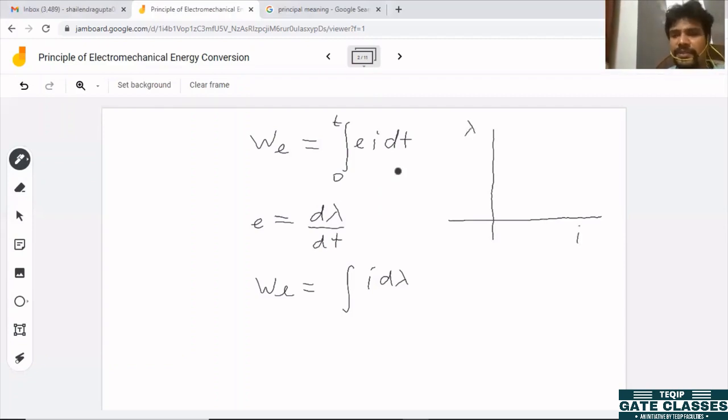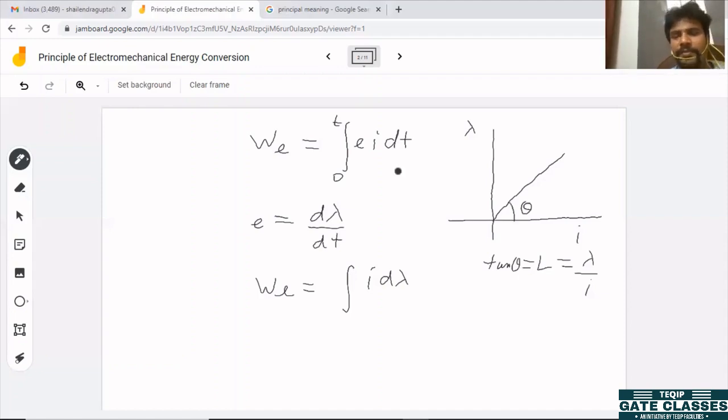So for a linear system, this will be a straight line, and so how is this I and lambda related? This is related by the inductance of the coil. So L is lambda by I. Okay, so here L is tan theta.